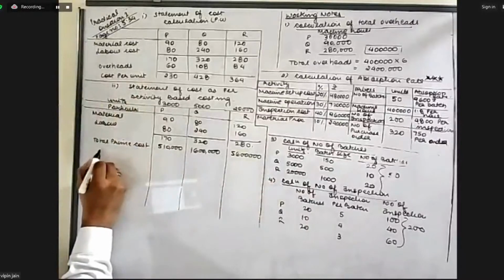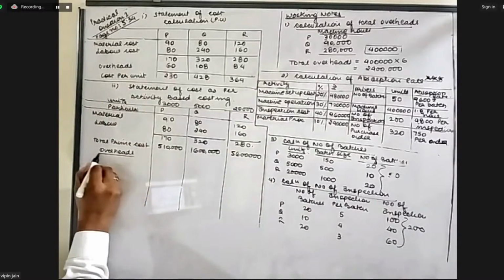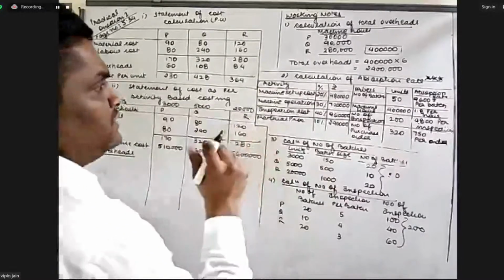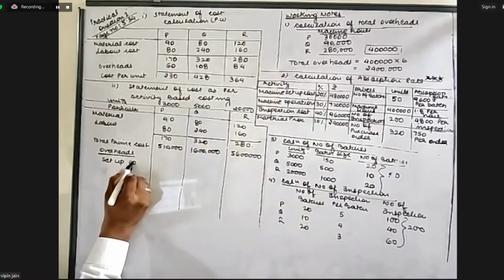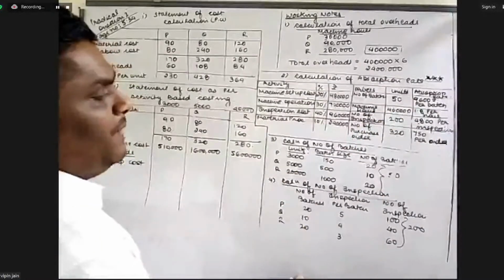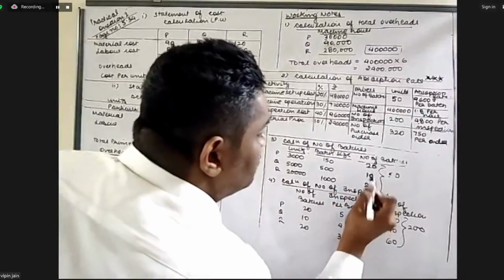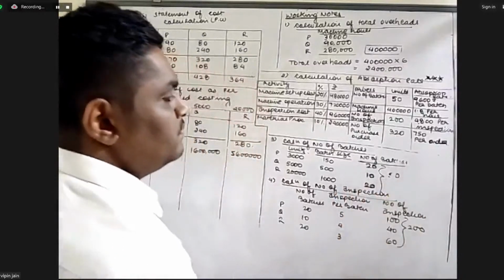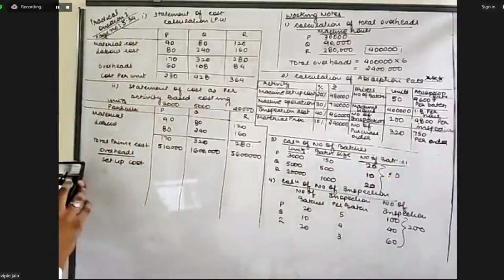Now we'll distribute the overheads. Setup cost, first of all, is 9,600 per batch. And we have already calculated the number of batches. So 20 into 9,600.